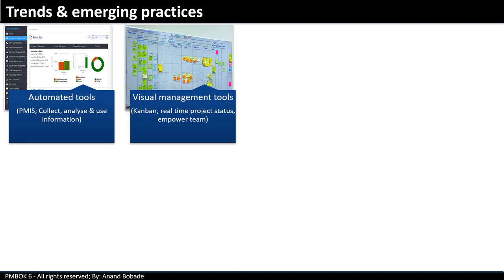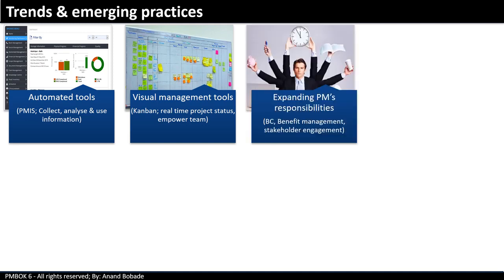With new generation projects and fast technological changes, collaboration is key to success. Project management is using visual management tools. For example, a Kanban board. This Kanban board provides real-time project status and hence empowers the project team.